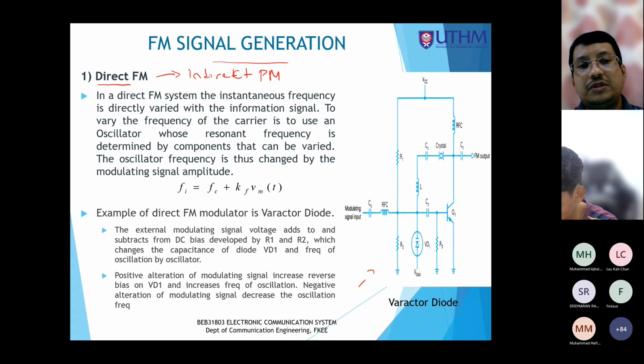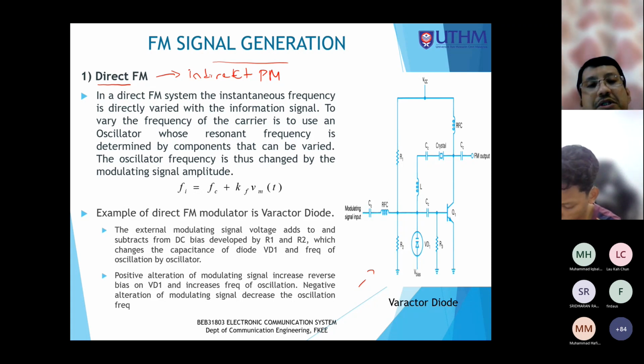So for the direct FM modulator, direct FM means that the input will directly change the frequency of the carrier. So we are directly changing the frequency in this case.